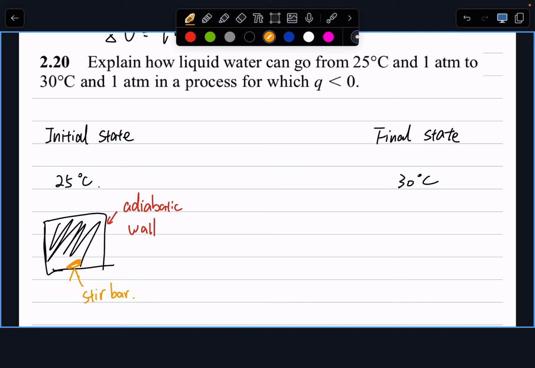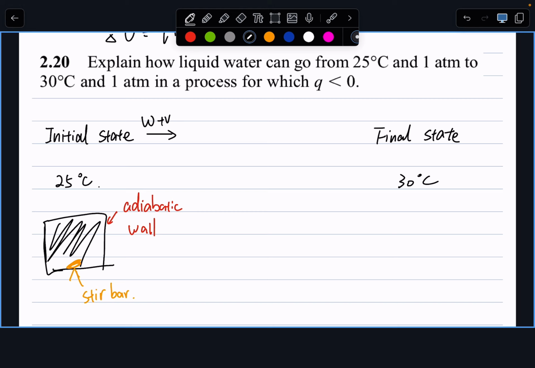Now, in the intermediate state between my initial and final state, you can imagine my stir bar doing work on the water. When my stir bar is doing work on the water, the whole process is adiabatic.